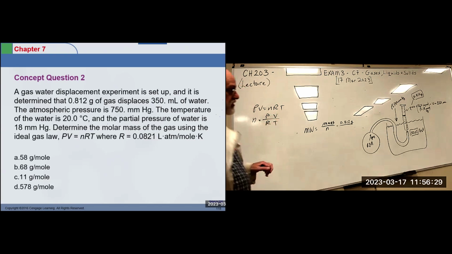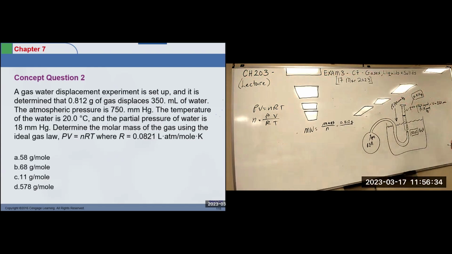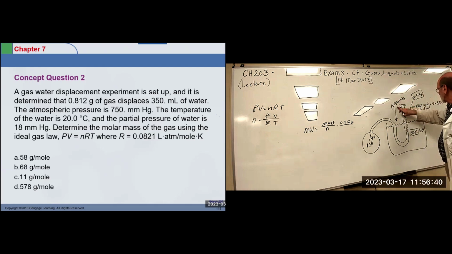So we need the pressure of this gas right here. In our first term, we need the pressure of that gas. So if total pressure equals the pressure of the gas plus the pressure of water vapor, then the total pressure is 750 millimeters of mercury.